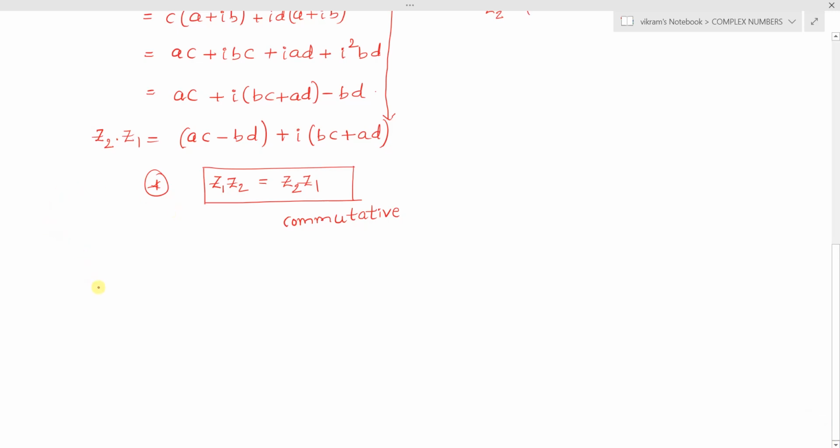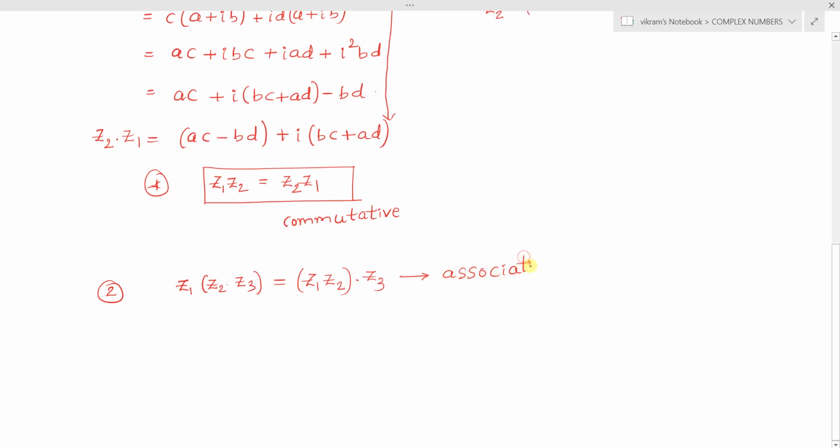Next, another property: complex number multiplication is associative also. That means z1 times z2 into z3 equals z1 into z2 times z3.